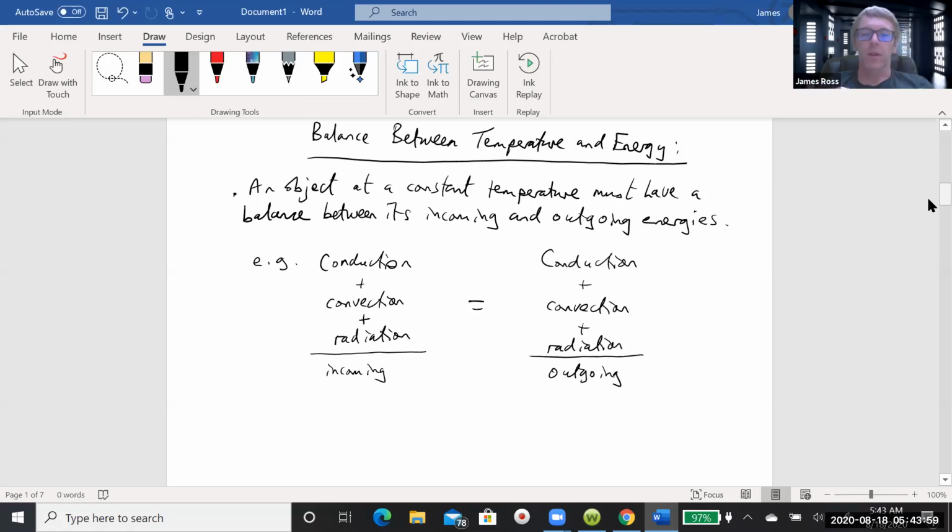There's only one of these we're going to focus on, but just real quick, conduction is when two objects are touching each other and there's a transfer of energy along the material. For example, if you were to put a piece of metal in a fire, I don't know why you would do that, but let's say you did, and you grab hold of the handle and your hand feels hot, that's because of conduction.